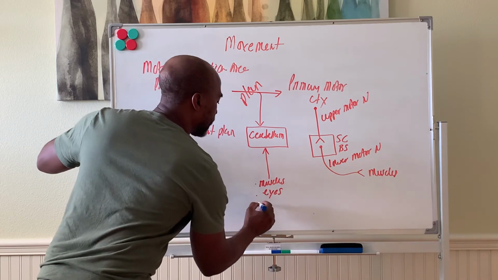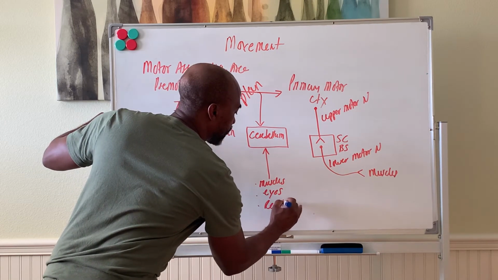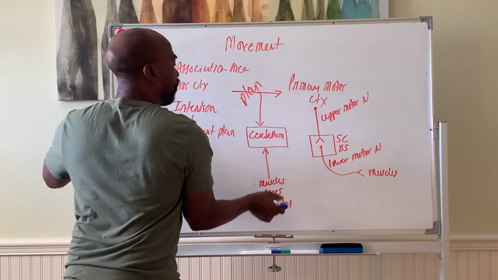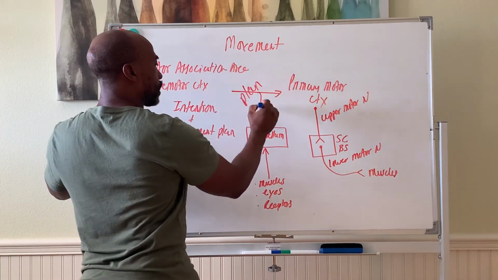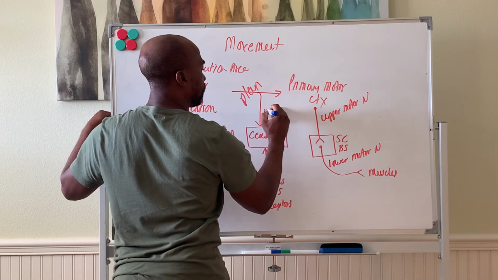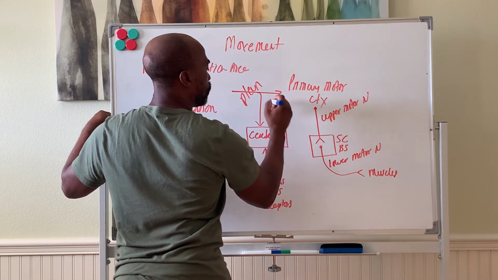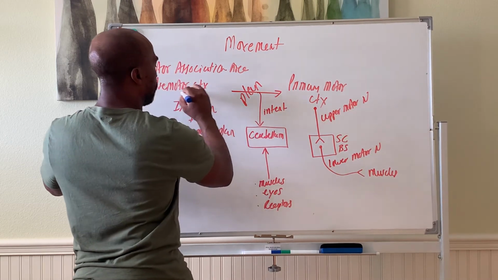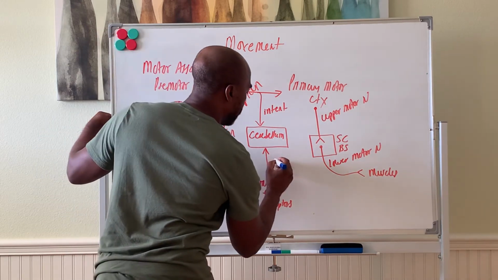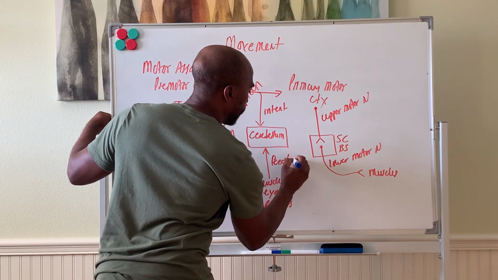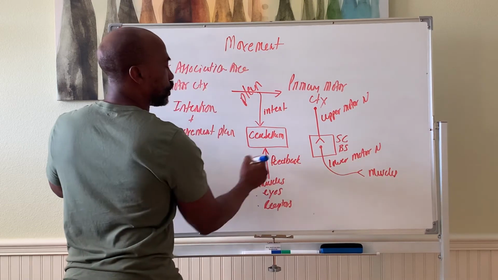Right? Receptors in the periphery will feedback to let it know what you're doing. So this tells you the intent, what you're trying to do, which comes down from the premotor area to the cerebellum, and this is a feedback of what you're doing from your muscles.